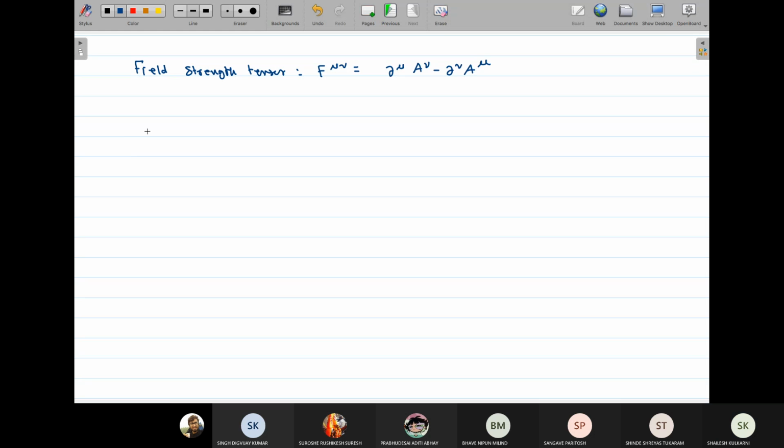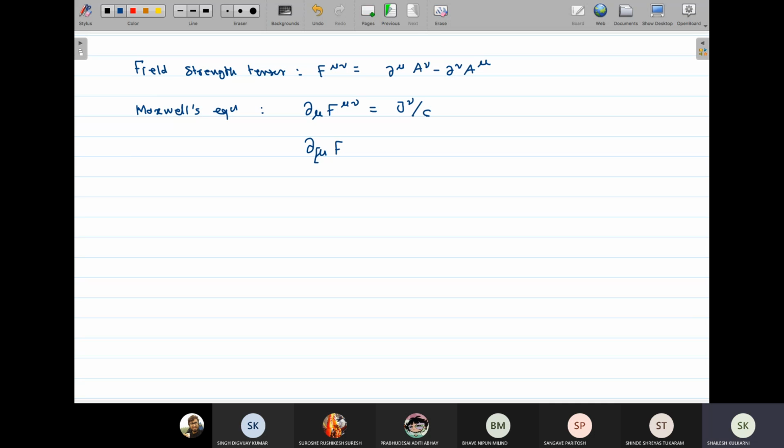And one can write the Maxwell's equations in the covariant form, which are del mu F mu nu equal to j nu by c, and that identity, del mu, and so on.